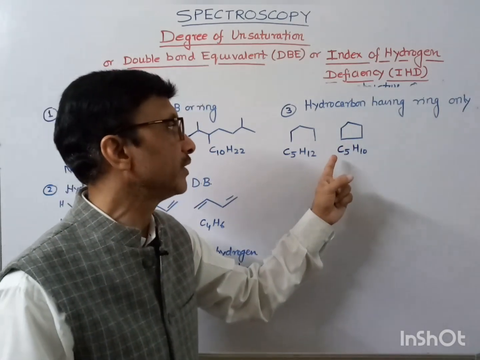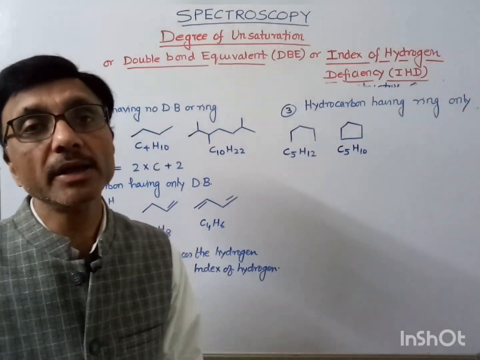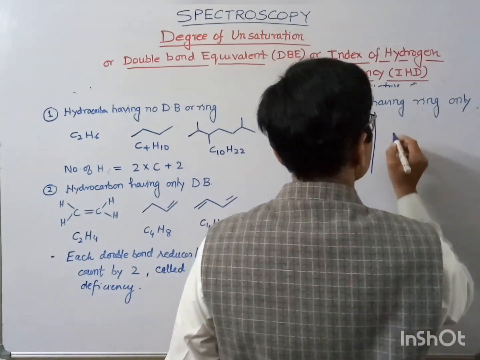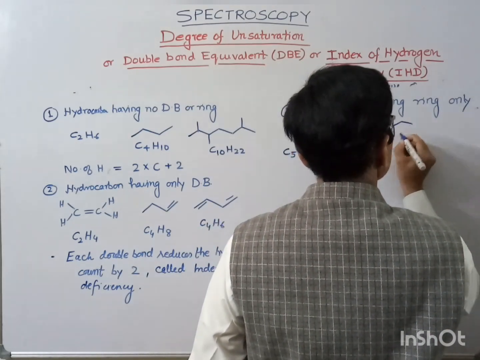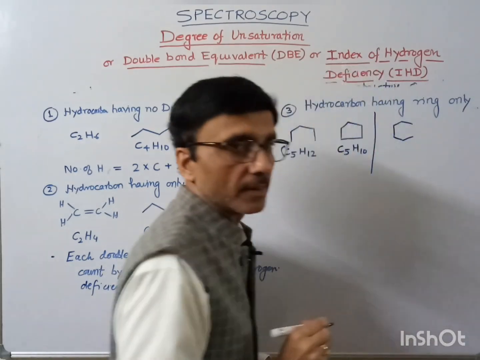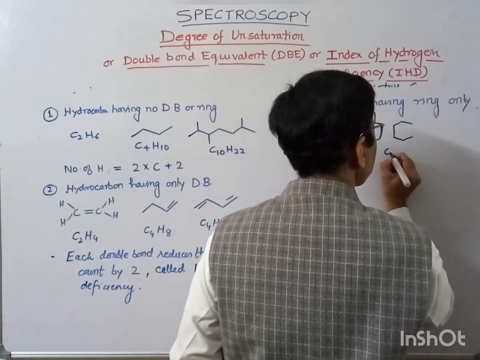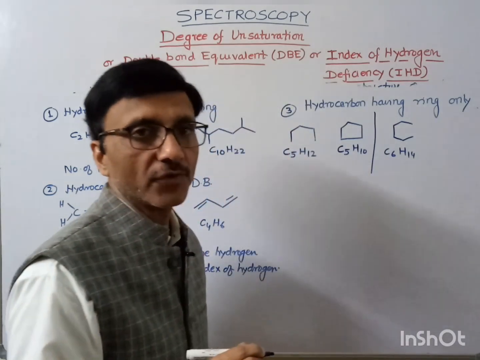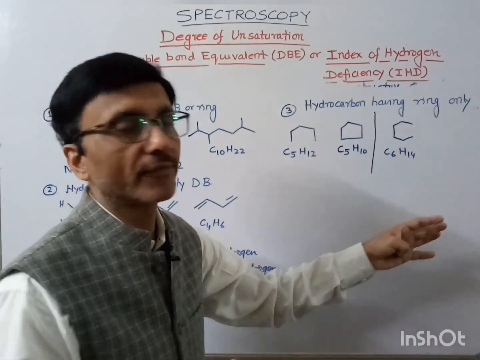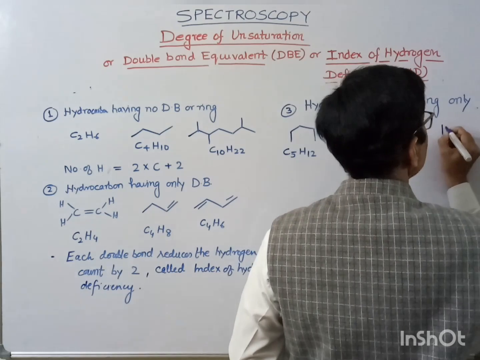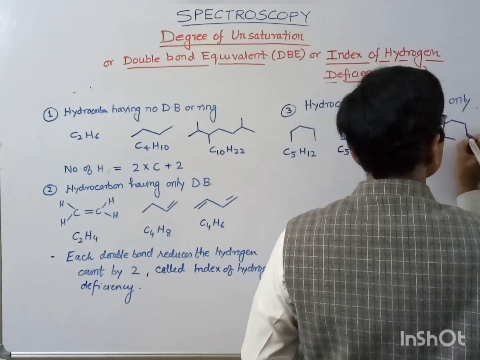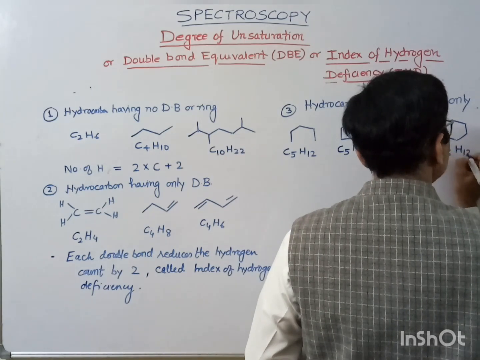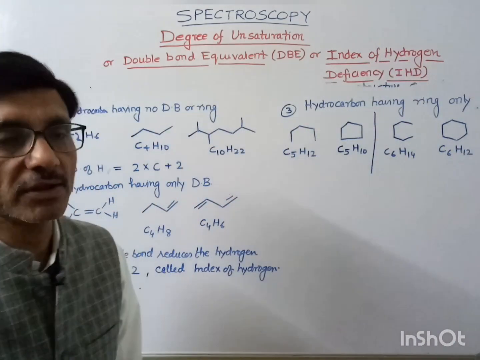So one ring also reduces the hydrogen count by 2, and we can see another case also. Suppose we have hexane having the molecular formula C6H14, and now if I convert it into a ring, then its molecular formula, as all of you know, is that of cyclohexane, C6H12.